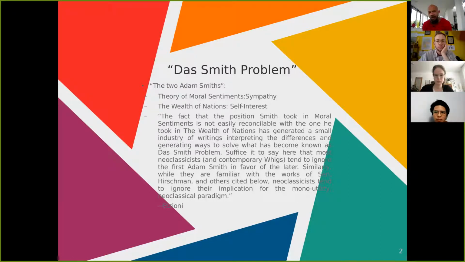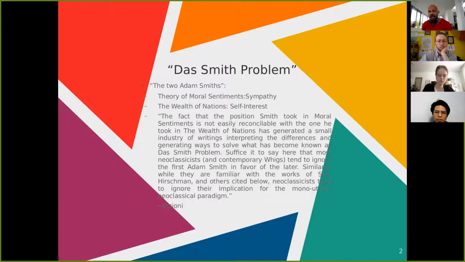I have a quote here from one of the books in our first set of readings by Amitai Etzioni. You can't really read the name at the end there, but it says: the fact that the position Smith took in Moral Sentiments is not easily reconcilable with the one he took in The Wealth of Nations has generated a small industry of writings interpreting the differences and generating ways to solve what has become known as das Smith-Problem.